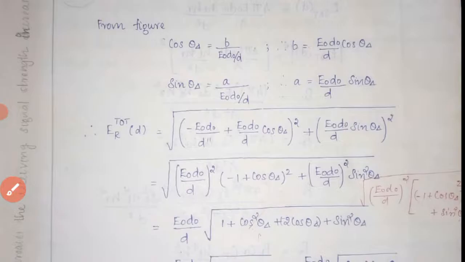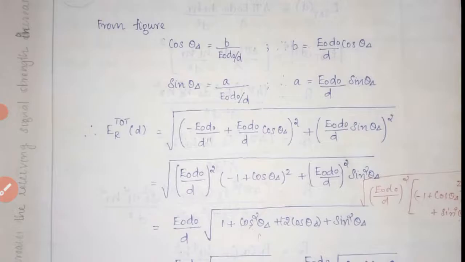Then we have to simplify the expression. We are just taking E naught D naught by D the whole square outside. We get E naught D naught by D into square root of minus 1 plus cos theta del the whole square plus sin square theta del.